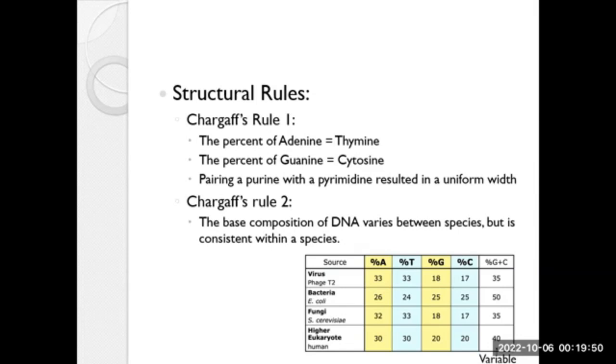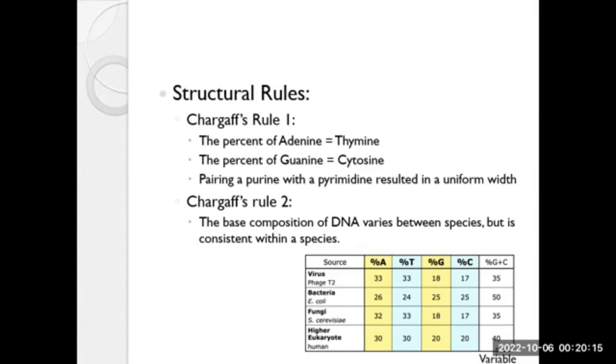Meaning, if we were to compare ourselves to yeast, Saccharomyces cerevisiae, they have 32, 33. Somebody rounded a little funky here because it's supposed to be perfect, right? So like 33% and 18%. That's their unique ratio, their unique mix.